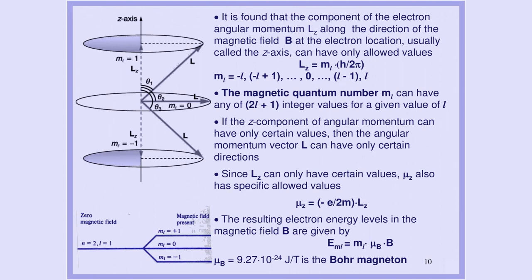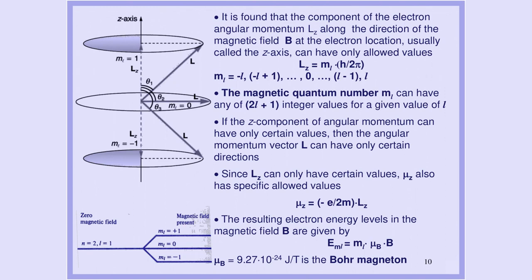The angular or orbital momentum of the electron can be of those allowed magnitudes. The magnetic quantum number m with the index l can have any of 2l plus 1 integer values for a given value of l, the orbital quantum number.